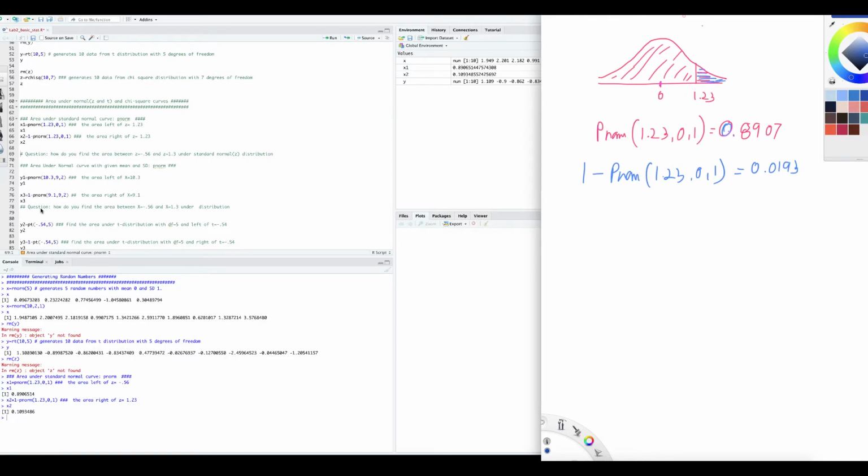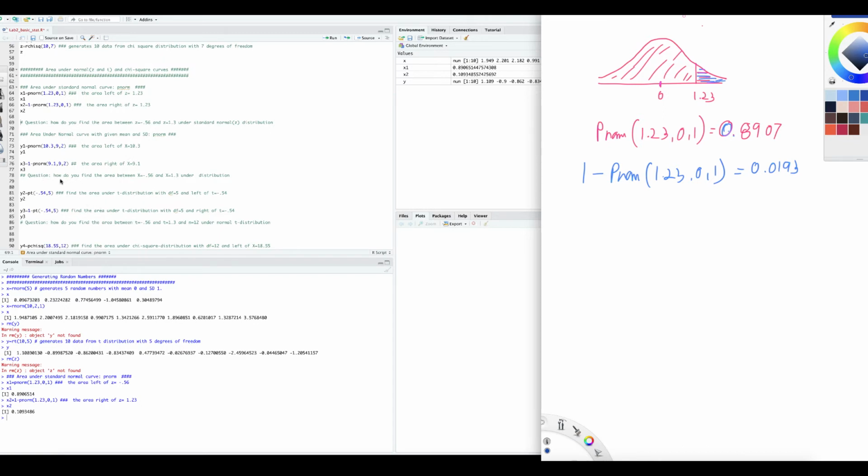Now, how do you find the area between x equals negative 0.56 and x equals 1.3 under the normal distribution? Let's do that example. 0 is somewhere here, x equals negative 0.56 maybe somewhere here, and x equals 1.3 maybe somewhere here.